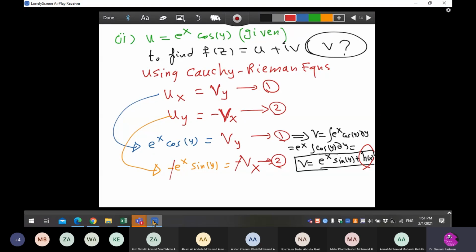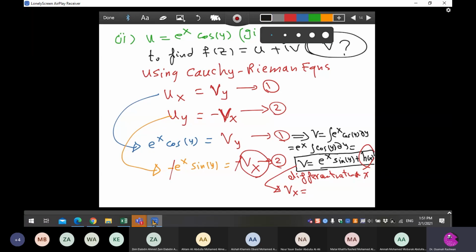After I finish integration, I differentiate with respect to x, to use the Vx. So Vx equals e to the x sine y plus, and since h is a real function, you don't write a partial derivative, you write a complete derivative, dh by dx.